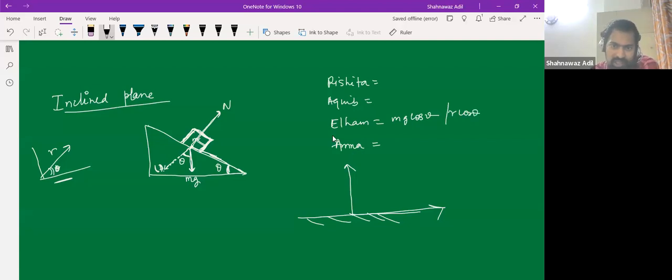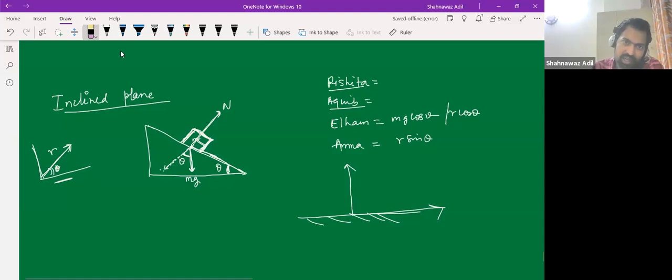Who said sin theta? Amna, did you say? Okay, so Amna is saying r sin theta. And Rishita and Akib, what about you guys? Can you show in the diagram which line you're talking about? Yeah, this part, the angle with which it is making.